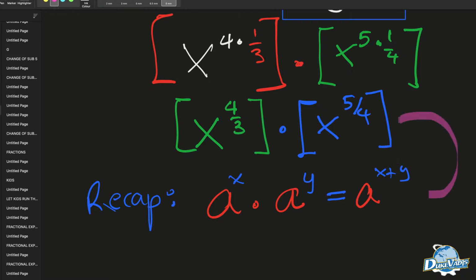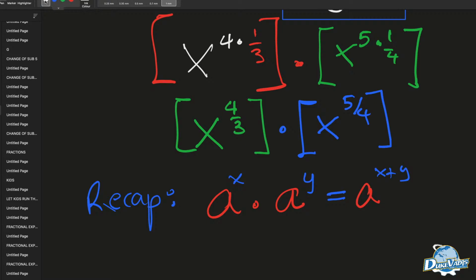This is x and this is also x, so we take the common x and add the exponents. Okay, so now let's go back and do it the way it's supposed to be done.